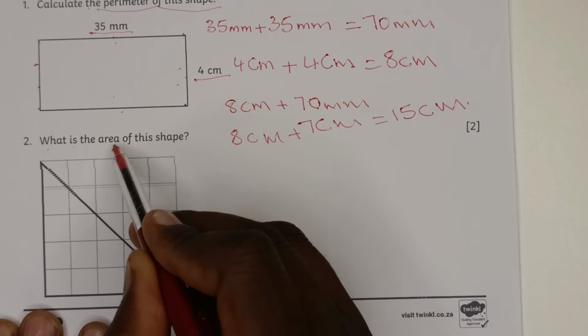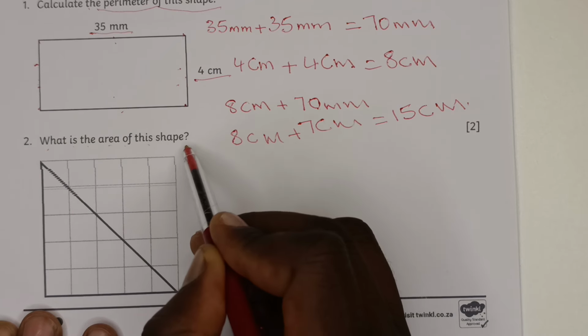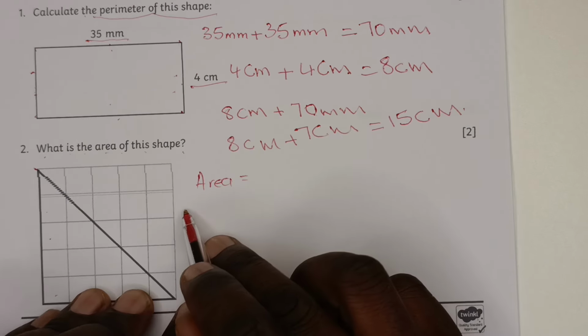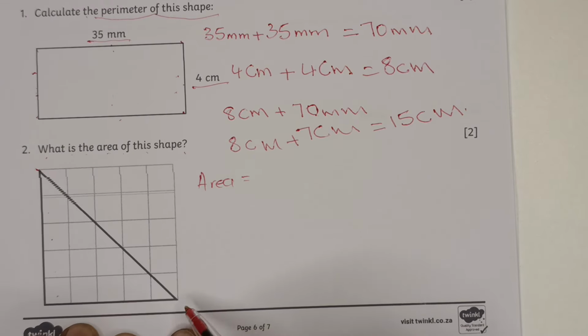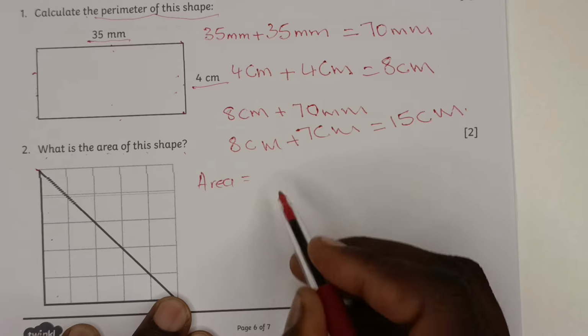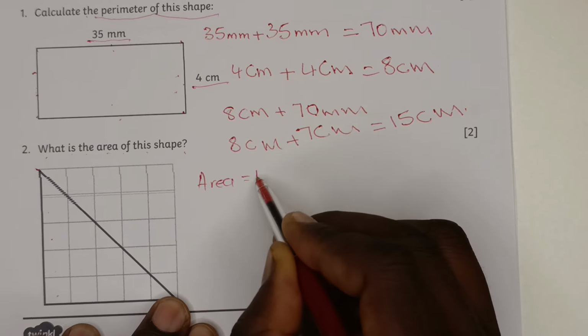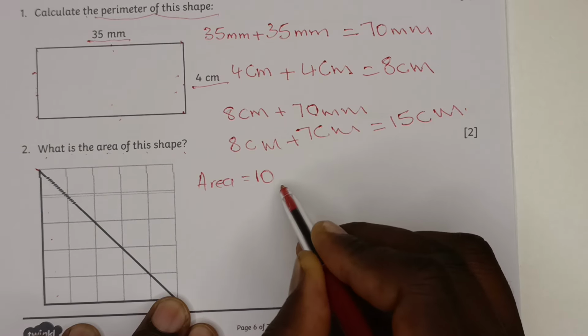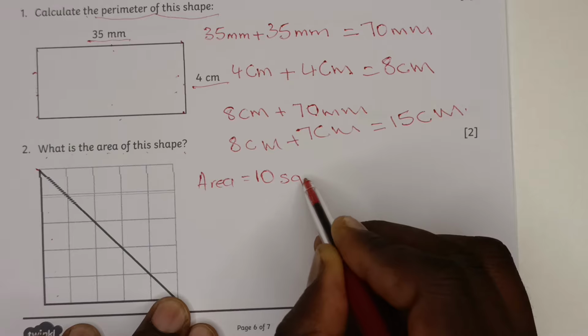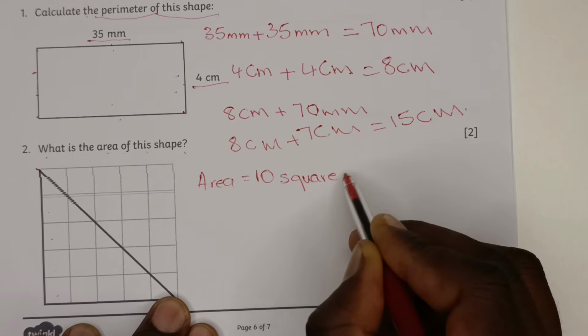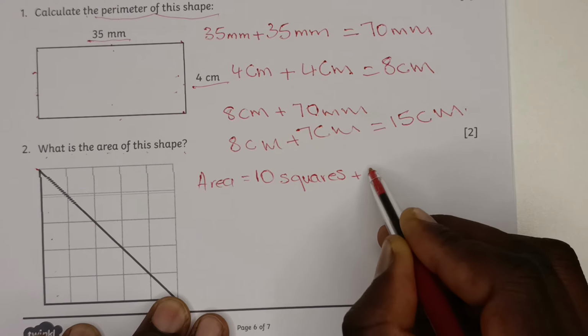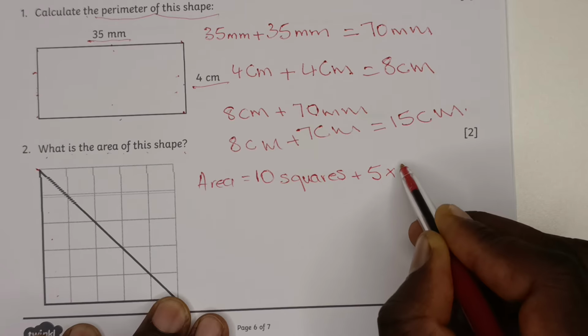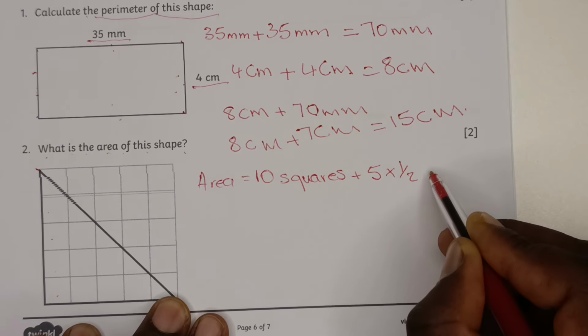We go to this one. What is the area of this shape? So the area of this shape is 10 squares plus 5 multiplied by half squares.